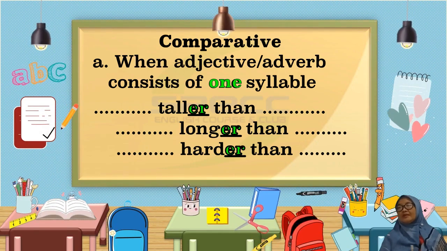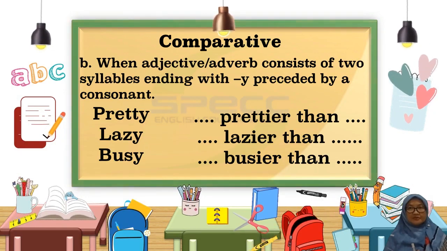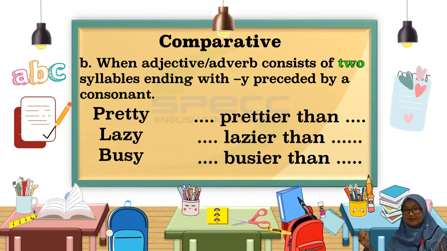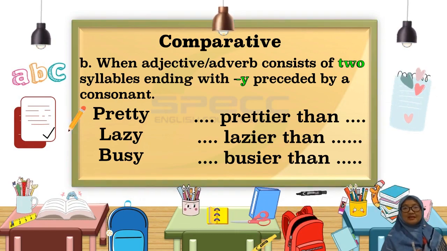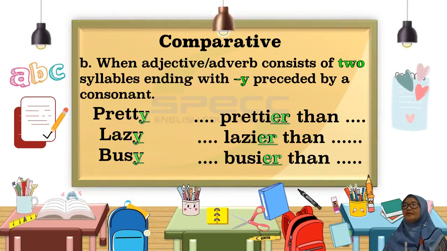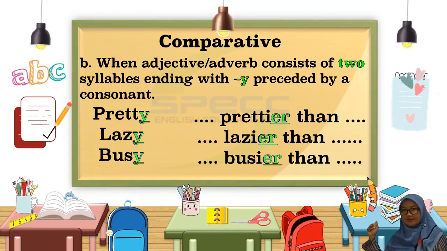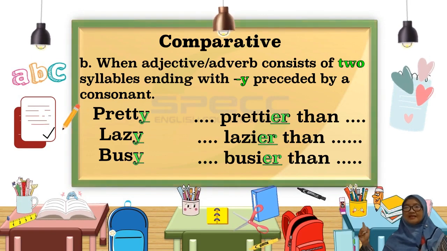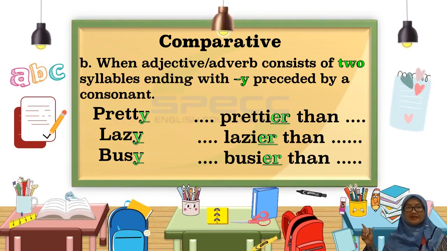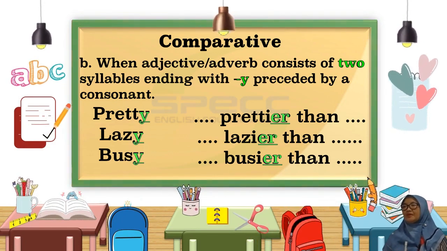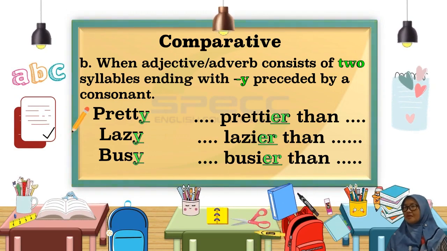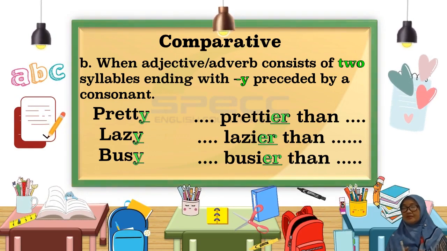And then when an adjective or adverb consists of two syllables, ends with y, and is preceded by a consonant, for example, pretty becomes prettier than. Lazy becomes lazier than, and busy becomes busier than. Okay, so those are comparative forms.